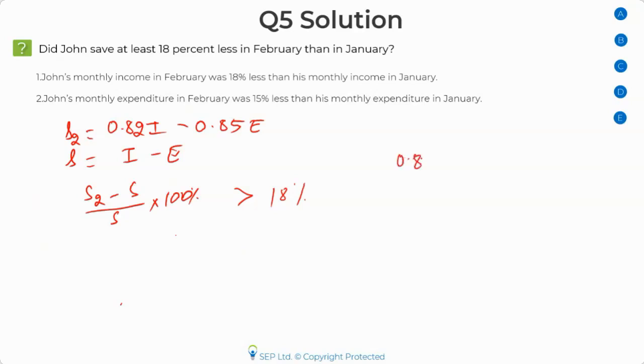Okay, 18% less. My bad, guys. It should be S minus S2, because S is bigger, right?